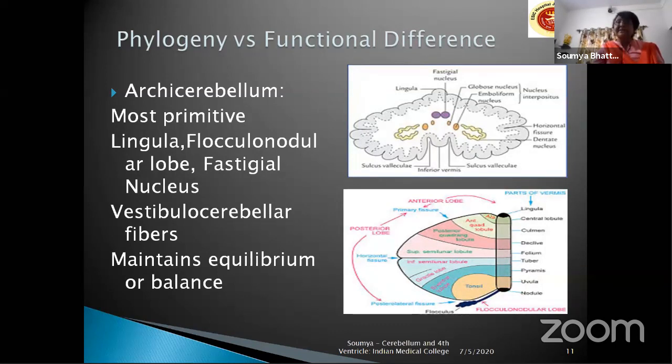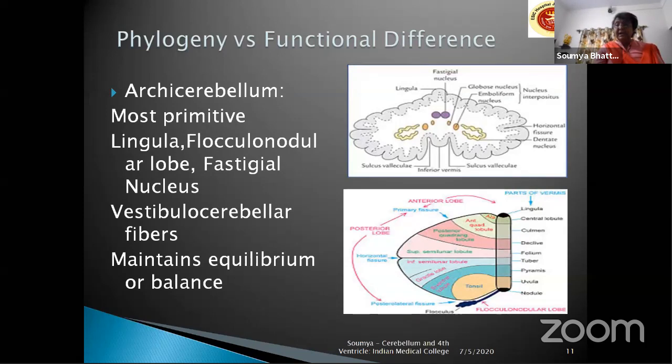What are the parts of the cerebellum concerned with this? So, the cerebellum, as you now know, has the vermis and the cerebellar hemispheres. Therefore, the parts are the fastigial nucleus, then the flocculonodular lobe and the lingula.